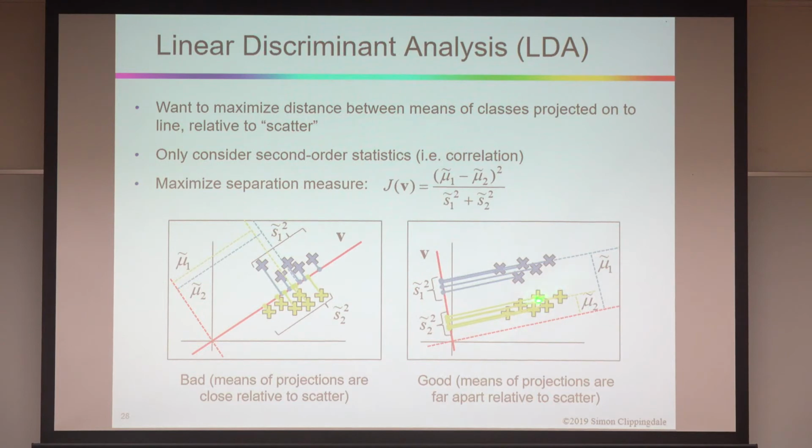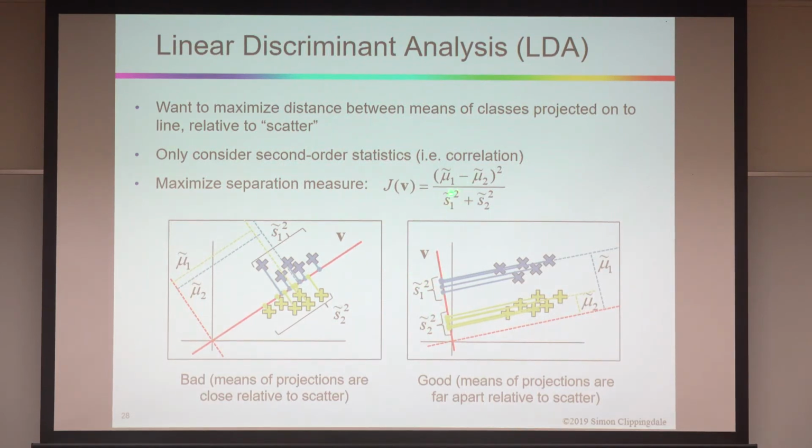Similarly, the projected mean of this class projected onto here is this mu2 here. So the wider that these are separated, the better. And what we don't want is the scatter, S1 and S2, of these two classes to be large. Ideally, we like the scatter to be nice and small, like this.